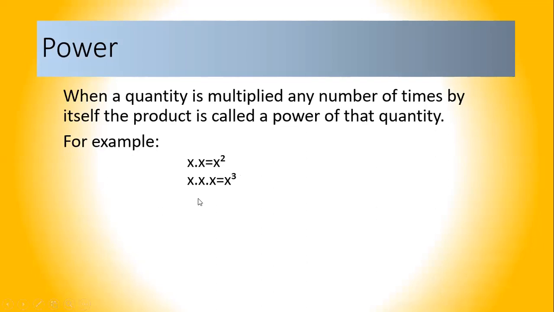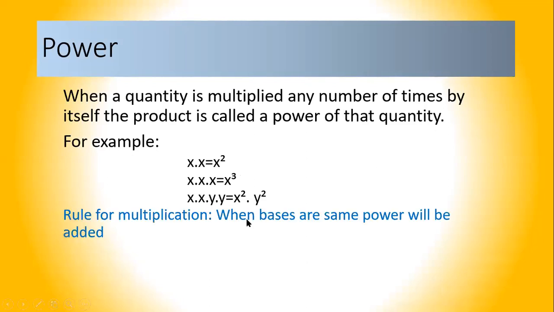Is it clear, Rabia? Now, example number 3, x into y into y. Now, here in this example, keep in mind the rule for multiplication. When bases are same, powers will be added. Here, the base is same, x. So, x is multiplied 2 times, so x squared. Y is multiplied 2 times, we get y squared. So, we get the answer, x squared multiplied with y squared. Here you can see that there isn't any power represented.